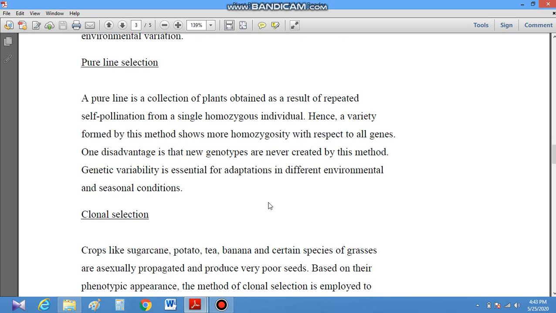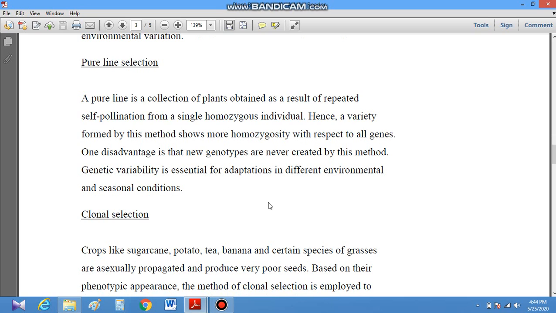So we can operate according to the crop, whether it is a self-pollinated crop, a cross-pollinated crop, or an asexually propagated crop. We will use either mass selection, pure line selection, or clonal selection to develop a new variety.